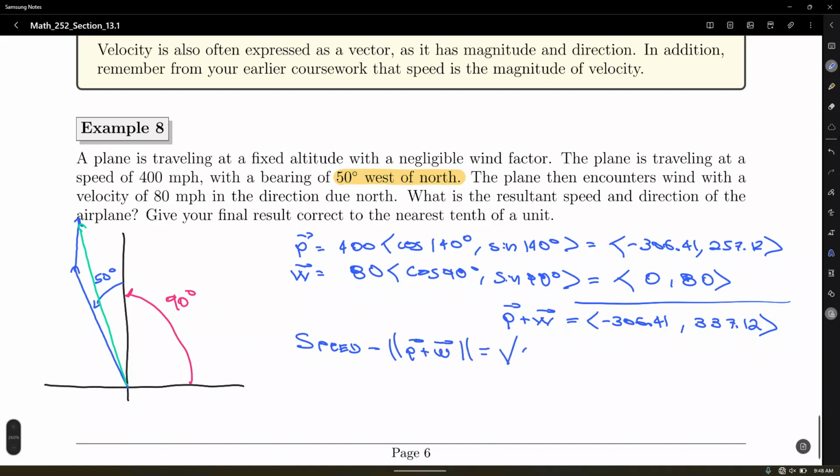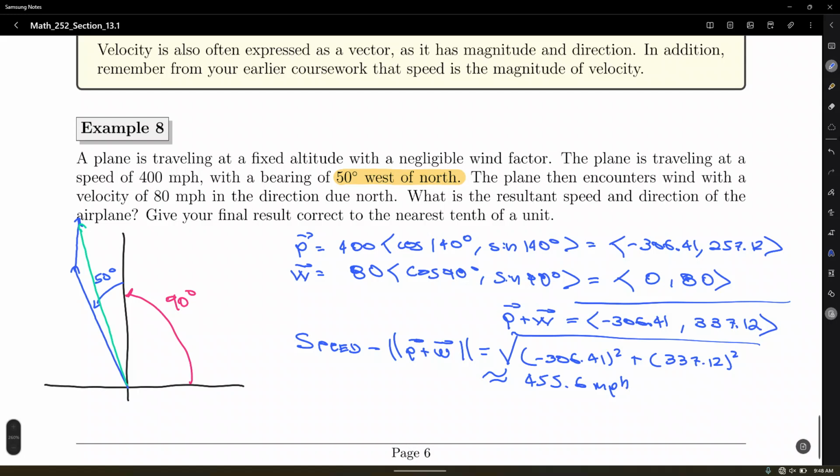And that's the square root of this madness here. Negative 306.41 squared plus 337.12 squared. This is going to give us approximately 455.6 miles per hour. So if you compute all this madness on your calculator, you should get that number.